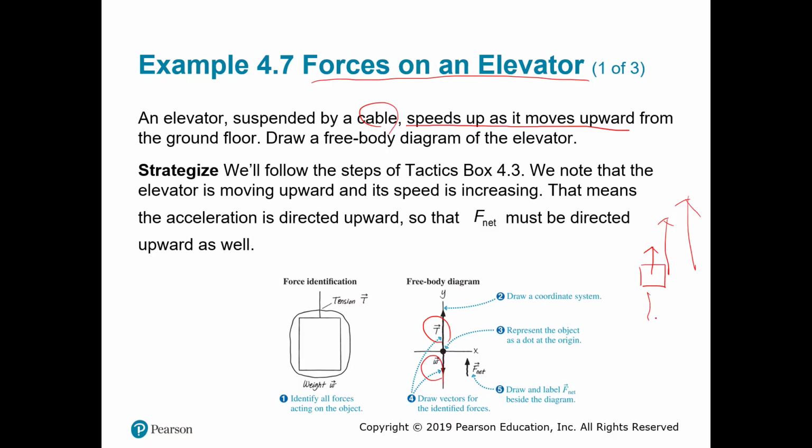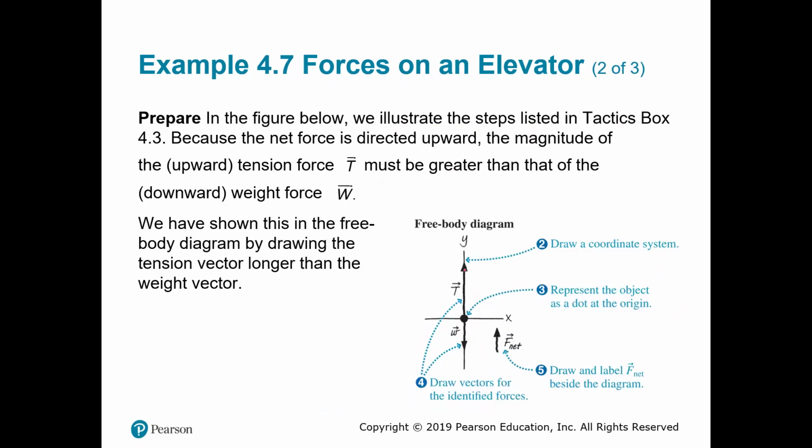You've got to push from the bottom, right? So the net force is upward. In order to have a net force upward, the tension must be greater than the weight, right? So the length of this arrow must be greater than the length of the weight arrow.